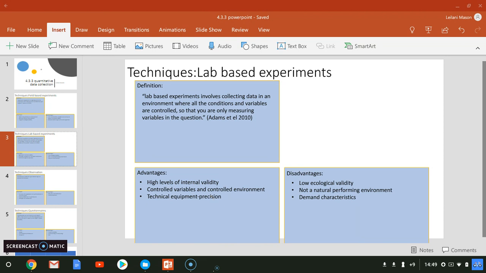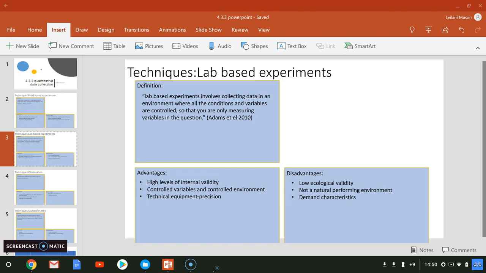This is because the variables can be looked at specifically because they can be controlled, because they know what they're doing and how the equipment is used and how they can manipulate it to get the answers they want and how they can keep the variables the same. And it's in a controlled environment because they're in a lab where everything they do is controlled.